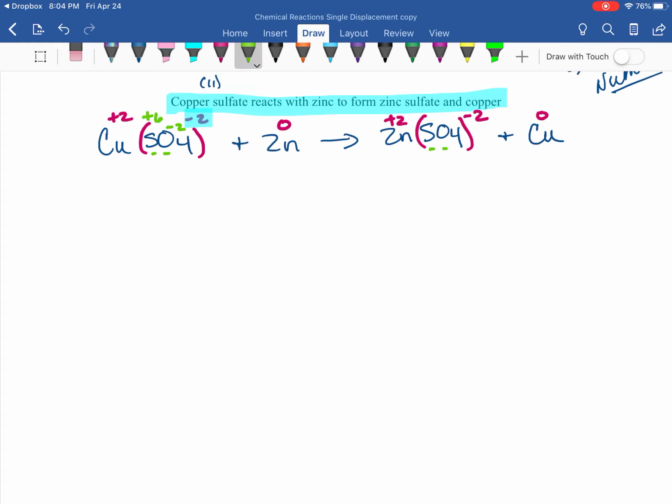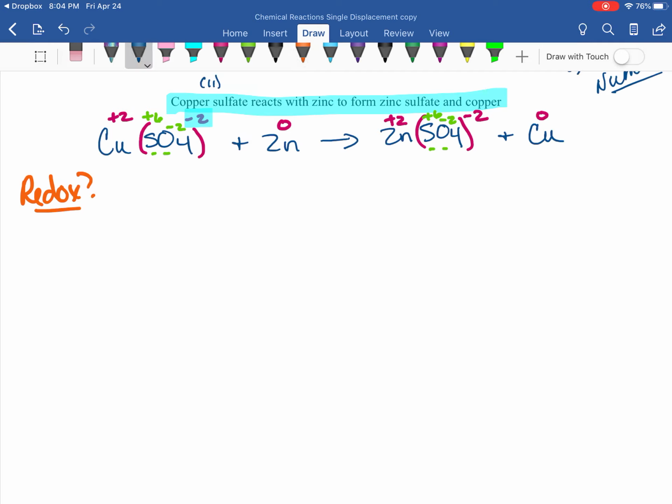And then we need that whole thing to add up to a -2, so our sulfur has to be a +6. Let's double check the other one. That sulfate stayed together, so it's likely going to be the same. Oxygen is a -2, and that's a +6 for sulfur.